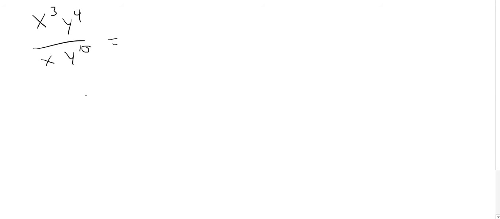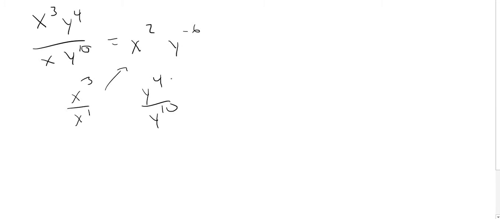But if I just go in pieces, x cubed over x, you subtract them, 3 minus 1 gives me x squared. Y to the 4th over y to the 10th, you subtract them, top minus bottom, and that gives me y to the negative 6th. Right? 4 minus 10 gives me negative 6. If I'm asked to simplify this, then I don't want to leave my answer with negative exponents.